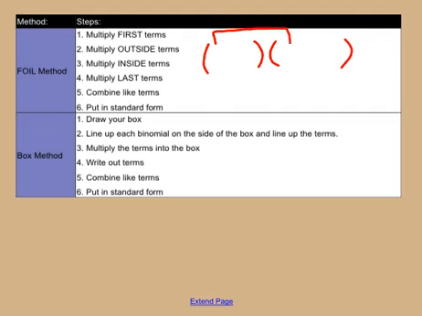The first term is going to be here. The outside terms are these ones. The inside terms are right here. And then last but not least, the last terms in each will be right there. Okay? And then you write them as all pluses in the middle, whatever it may be.